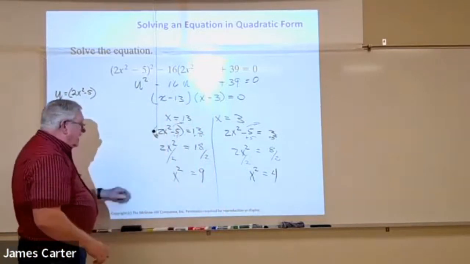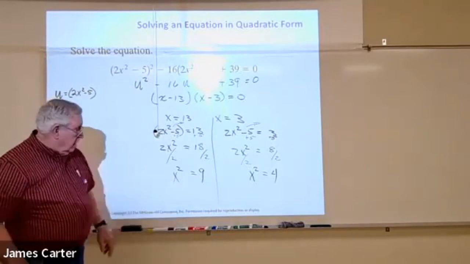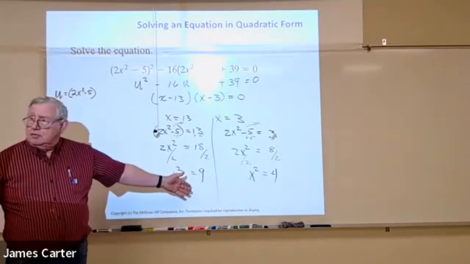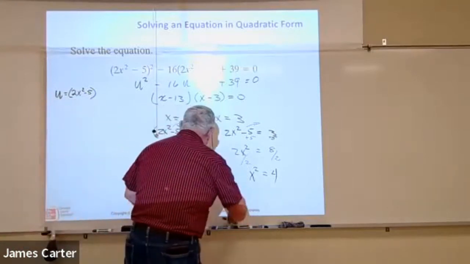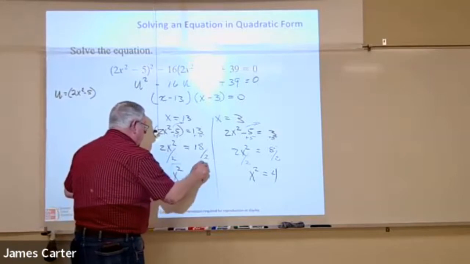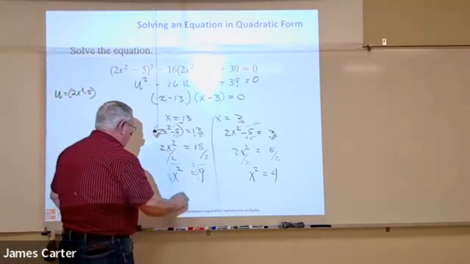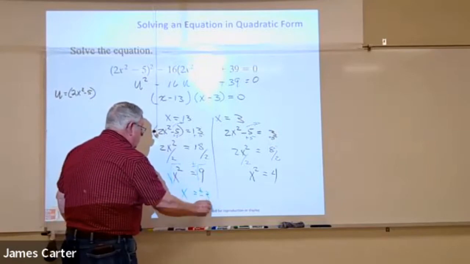Now, I can't leave it like this because I've got to have x to the first. So I'm basically going to use property of square roots again. Take the square root of both sides. Take the square root of this. Take the square root of that, plus or minus. That gives me x there. This gives me plus or minus 3.